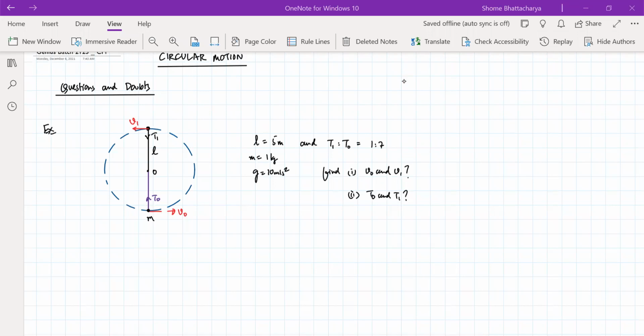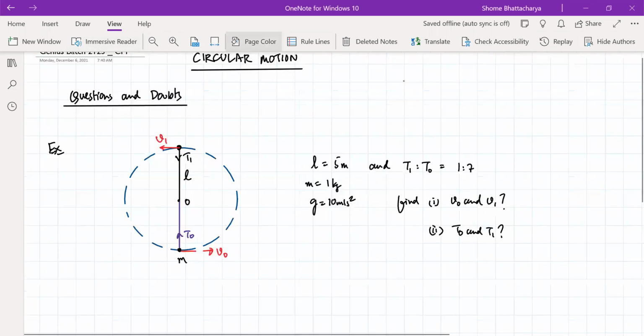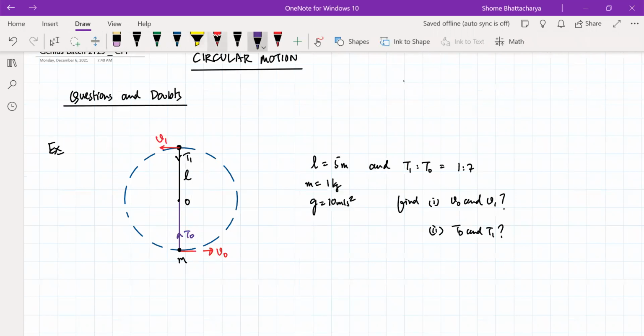Okay, so let's see the necessary equations first. One thing you'll need here is the work energy relation between V0 and V1. So you can see that V1 square will be equal to V0 square minus 4gL.